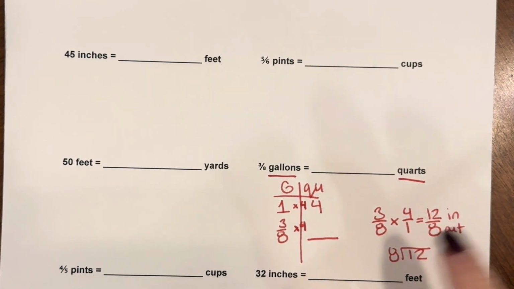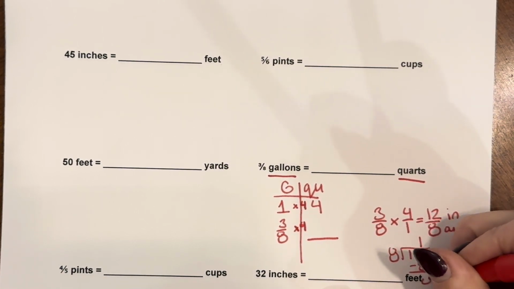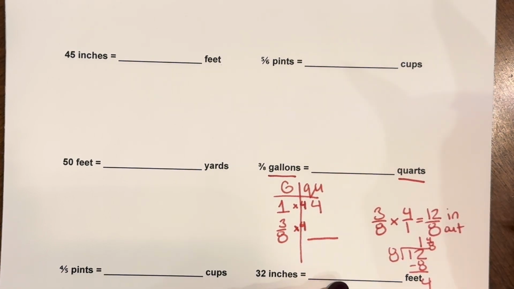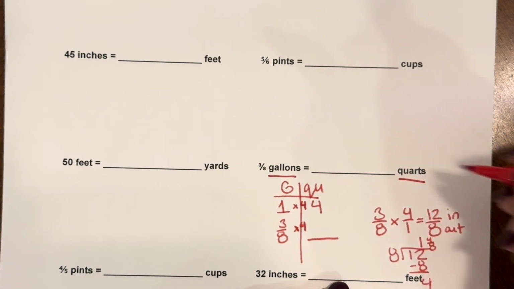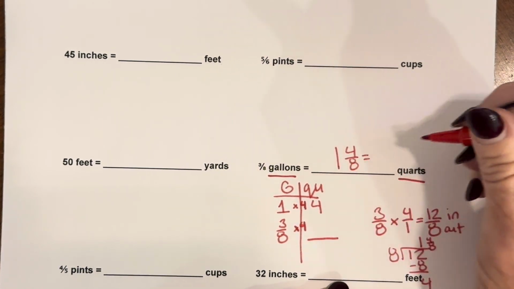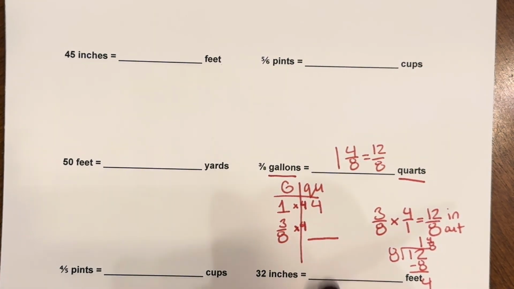And if I have 12, I can make one group of 8 with 4 left over. And that becomes my numerator. So 3/8 gallons is 1 4/8, which is the same as 12/8 quarts. So using this table helped me realize what to do with it.